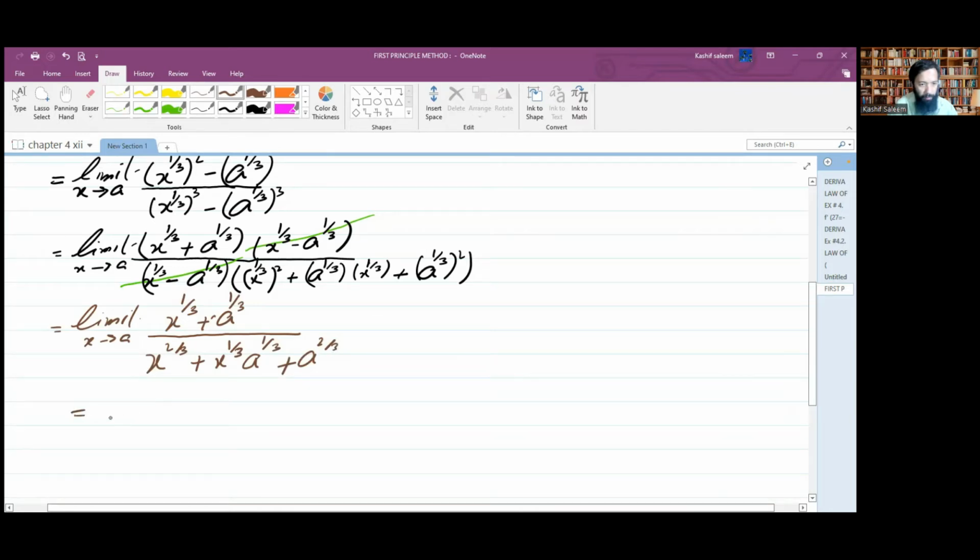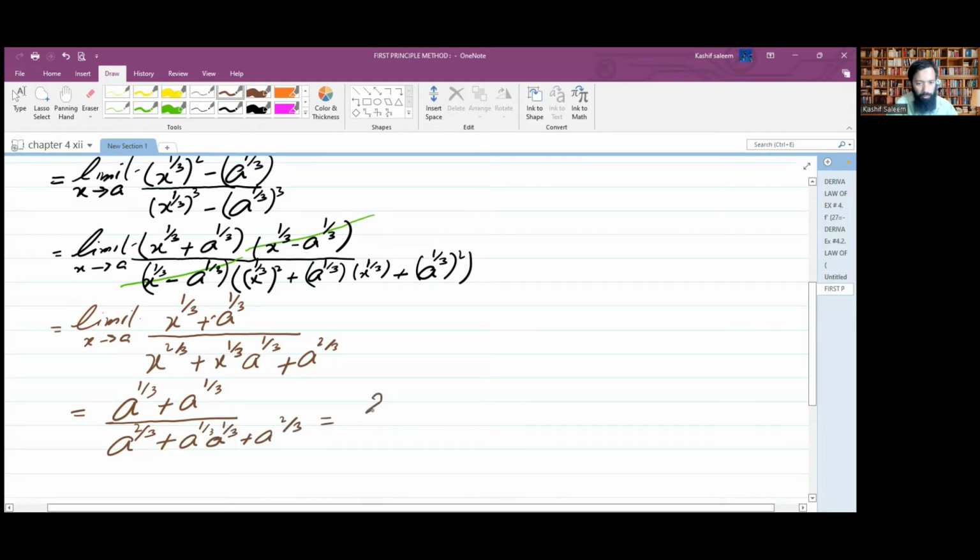Now if we apply the limit here, this is a to the power 1 upon 3 plus a to the power 1 upon 3, divided by a to the power 2 upon 3 plus a to the power 1 upon 3 times a to the power 1 upon 3 plus a to the power 2 upon 3.